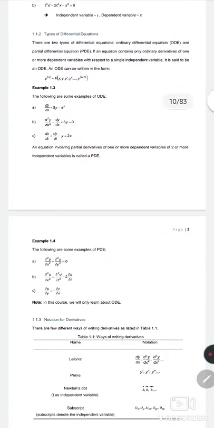Okay, next, types of differential equations. There are two types of differential equations, which are ordinary differential equation (ODE) and partial differential equation (PDE). If an equation contains only ordinary derivatives of one or more dependent variables with respect to a single independent variable, it is said to be an ODE.